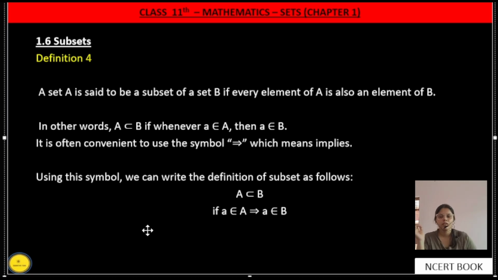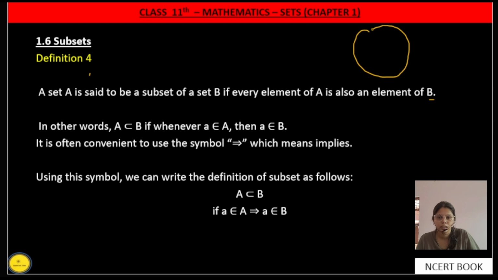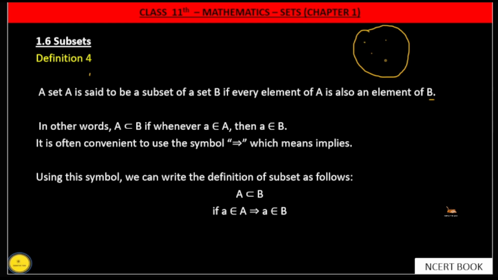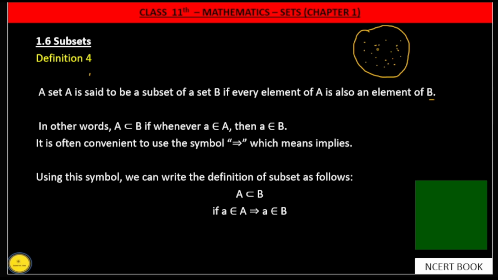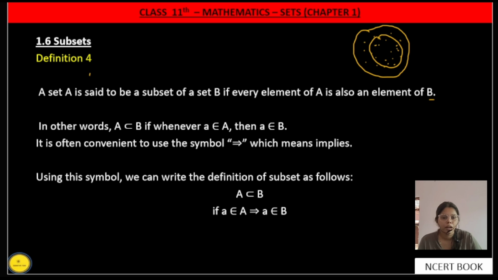And the definition of subset: a set A is said to be a subset of set B if every element of A is also an element of B. Means if we have a circle, we have these elements, and we have another circle.